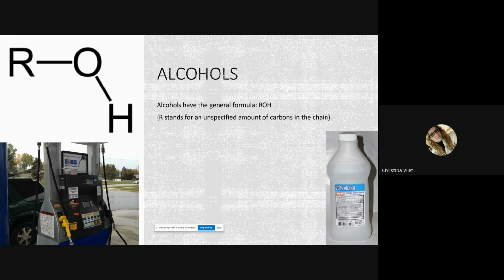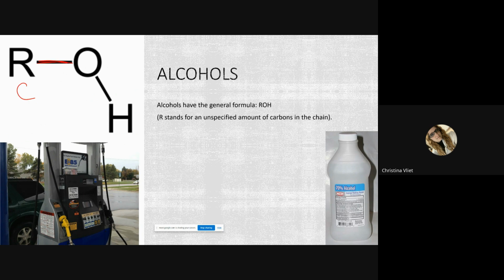There are different variants of alcohols, but in order for a compound to be classified as an alcohol, it has to have a specific organization of atoms, and that's what you have to memorize. There's got to be an oxygen, directly covalently bonded to a hydrogen, and that has to be directly covalently bonded to a carbon.